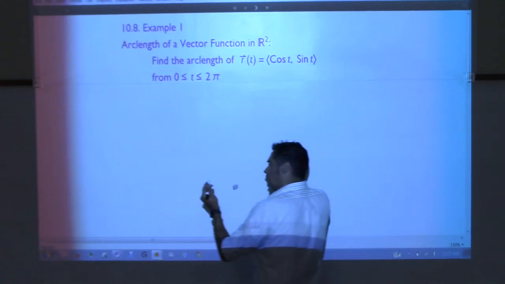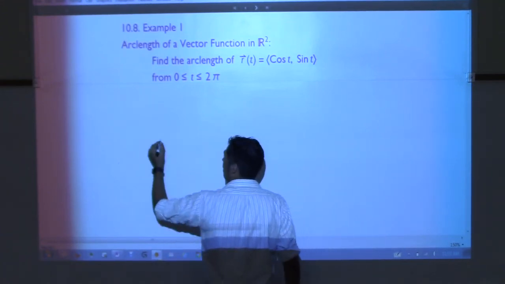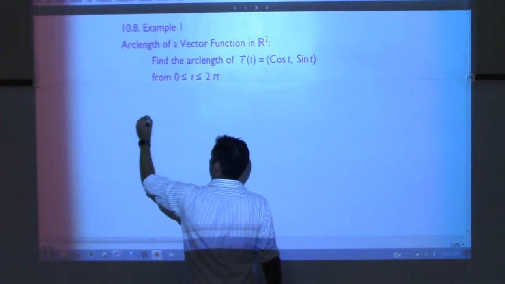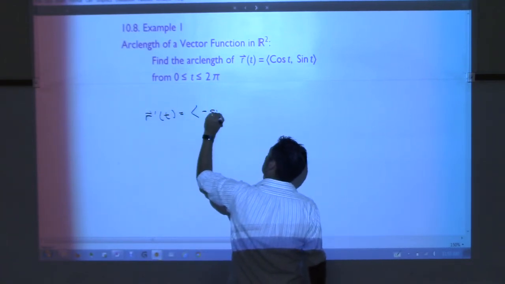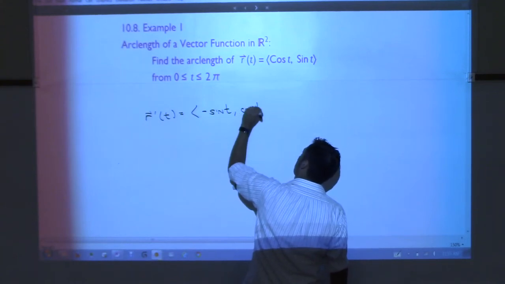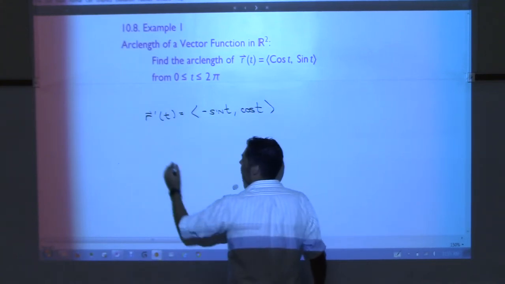All right, so what do I need first before I start computing anything? I need the magnitude of the derivative. So let's take the derivative quickly. Negative sine t, cosine t, right? And now its magnitude.